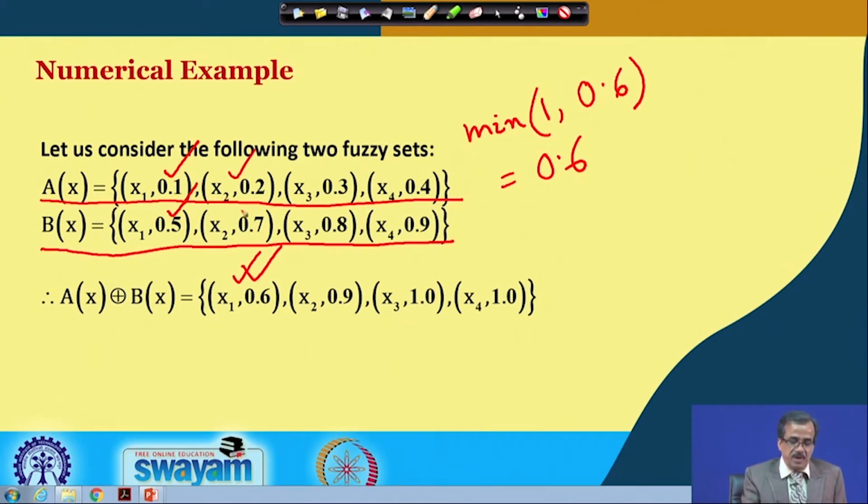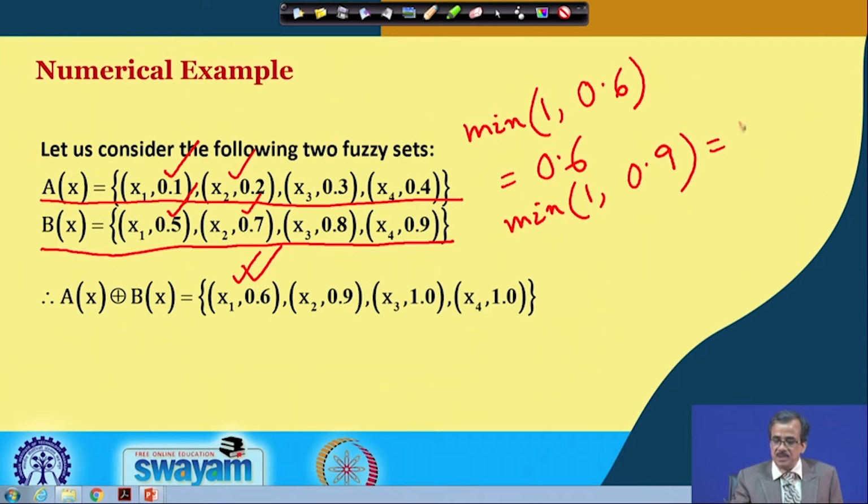Similarly, corresponding to x2, it is the minimum between 1 and 0.2 plus 0.7, which is 0.9, and the minimum is 0.9. So, corresponding to x2, you write down the membership value as 0.9. Following the same procedure for x3, this becomes the minimum between 1 and 0.3 plus 0.8.